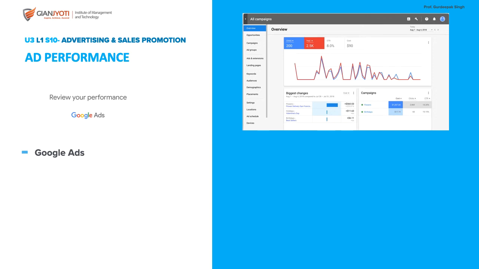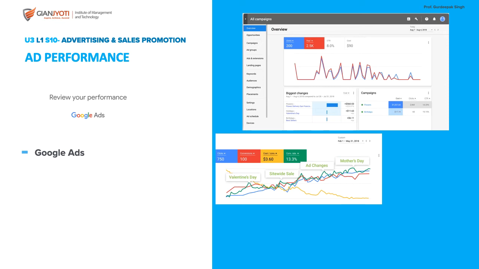And you have a line graph which shows over a period of time how that particular ad campaign has been running. For example, you are dealing in flowers, so what is the cost, how many clicks, and then you look at some other parameters which we are going to discuss.